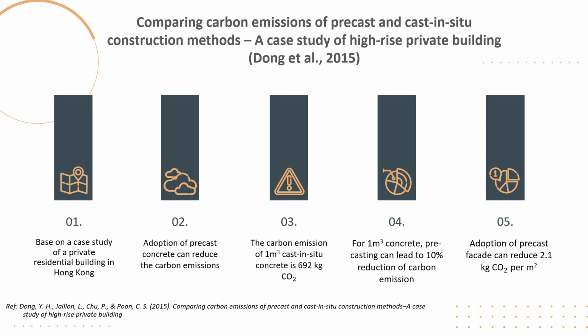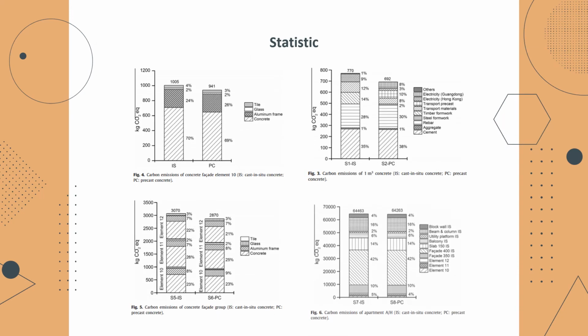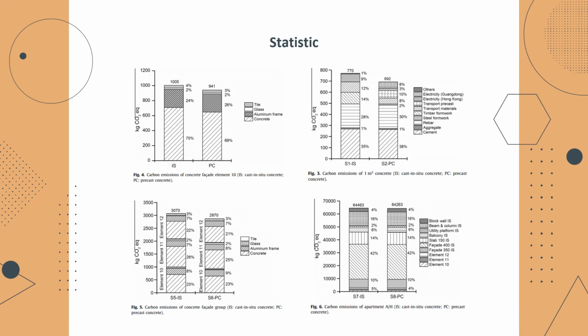The carbon emission of 1 meter cube cast in situ concrete is 692 kilogram carbon dioxide. For 1 meter cube concrete, precasting can lead to 10% reduction of carbon emissions, and the adoption of precast facade can reduce 2.1 kilogram of carbon dioxide per meter square. Okay, this is the statistic that this research provide.